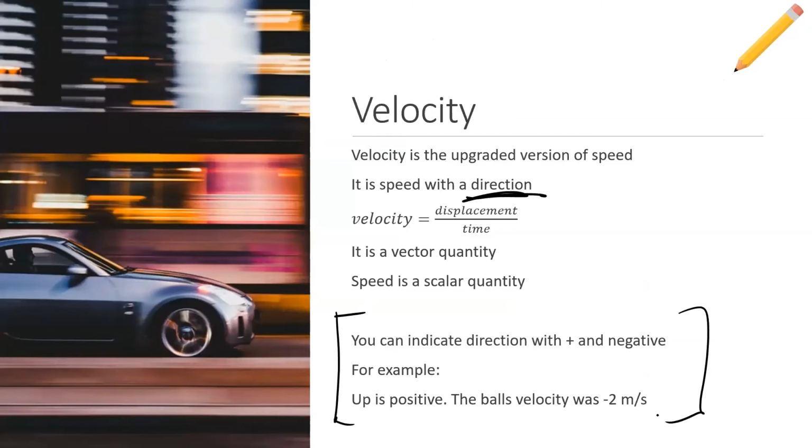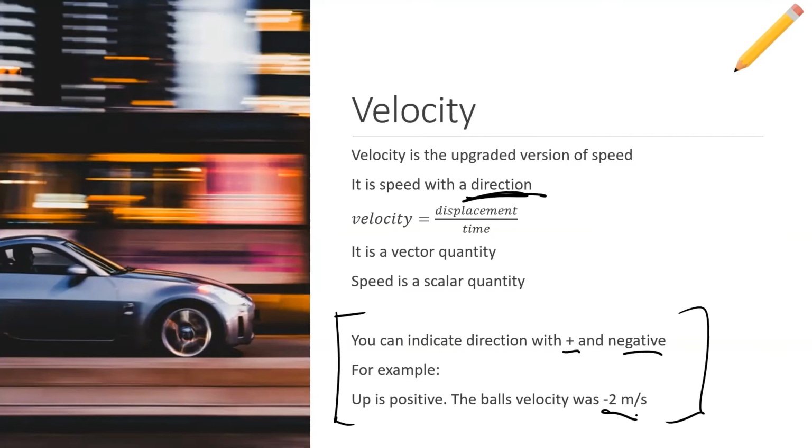You can talk about velocity as having a direction by just using positive and negative. That should be a plus and a minus, doesn't matter. But for example, let's say up is positive, and you threw a ball up, and after 2 seconds, the ball's velocity was -2 meters per second.